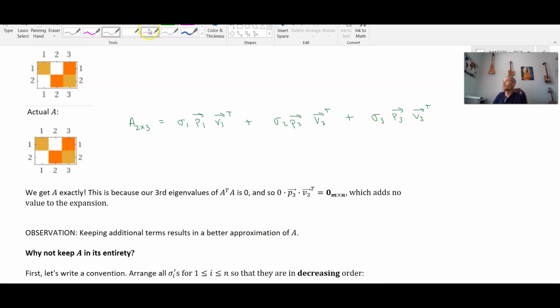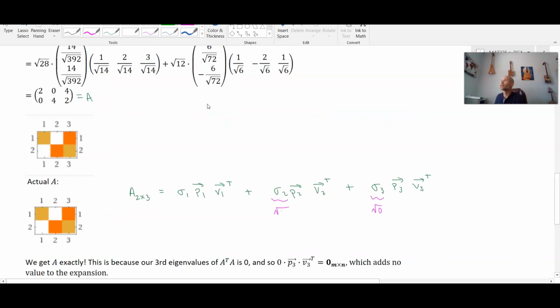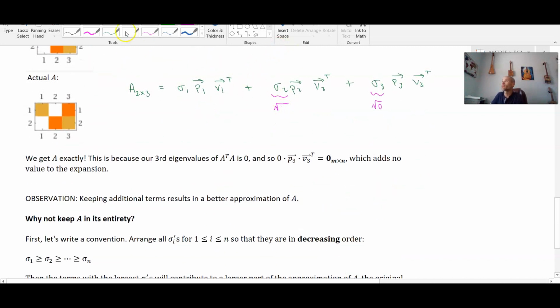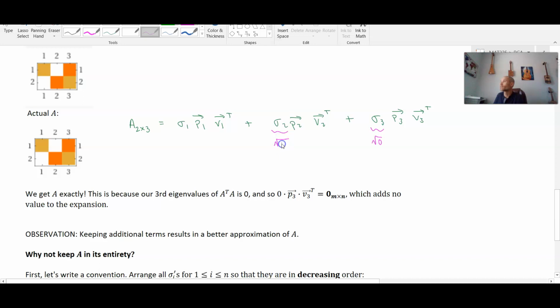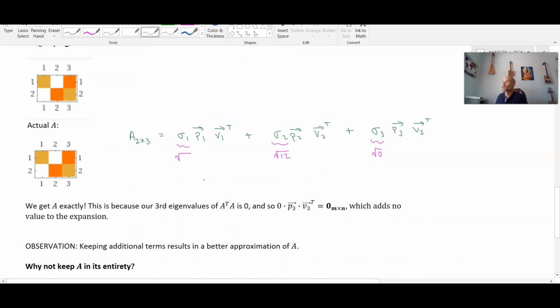Now, in our case, sigma 3 was equal to the square root of 0. Sigma 2 was equal to the square root of, I believe, let's back up here a second, 12. And sigma 1 is the square root of 28. Okay, now notice that these are also described in descending order.